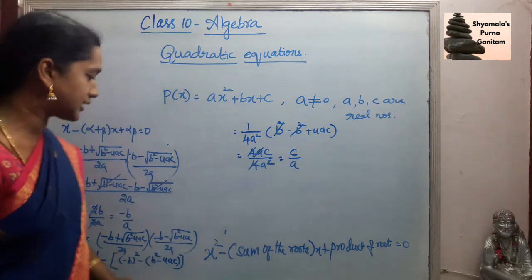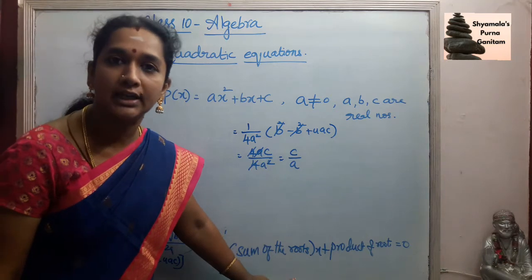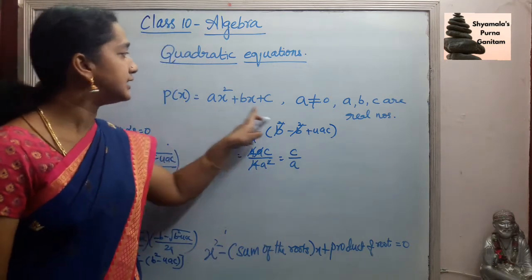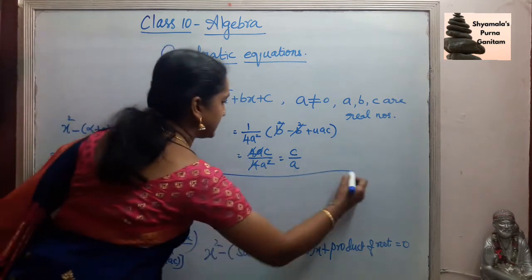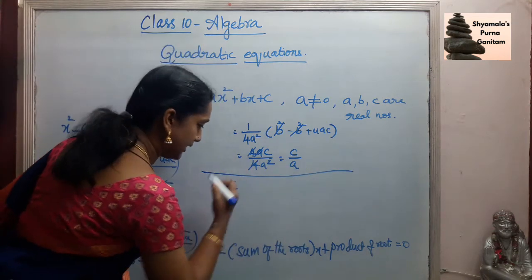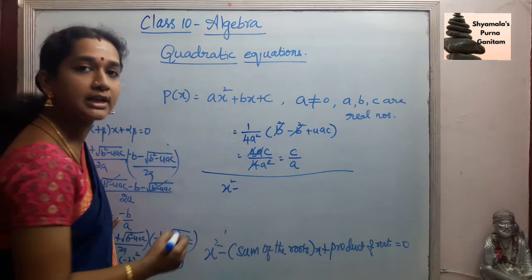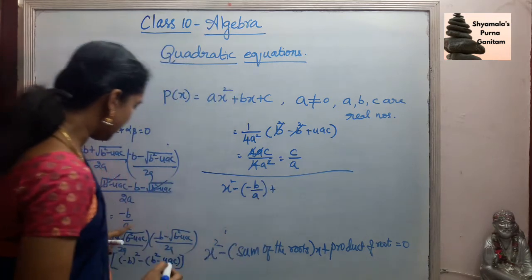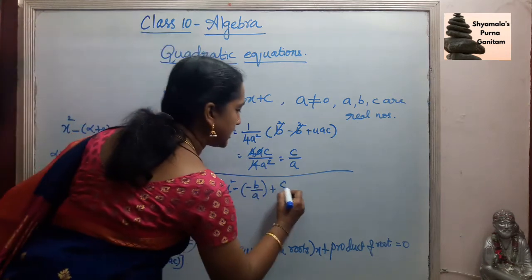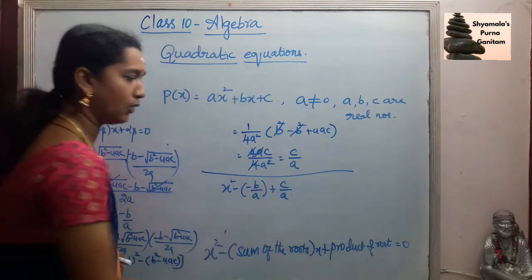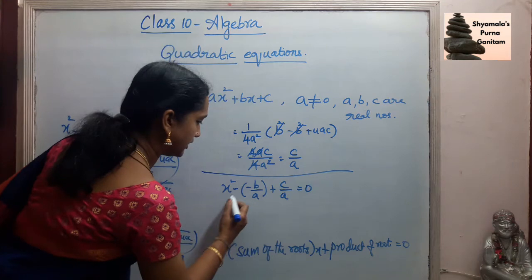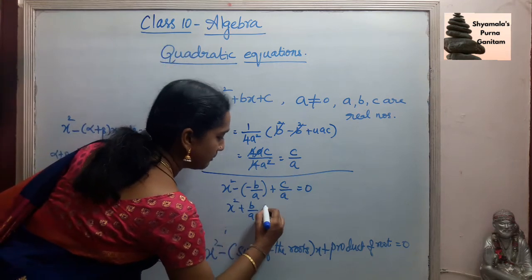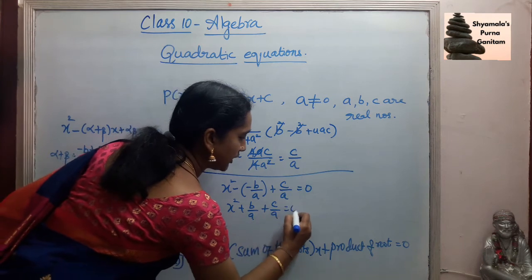Now when we substitute this sum of the roots and product of the roots in the formation of the equation, we will get the general form. That is x squared minus, sum of the roots which we got as minus b by a, so x squared plus b by a x plus, product of the roots which we got as c by a, is equal to 0.